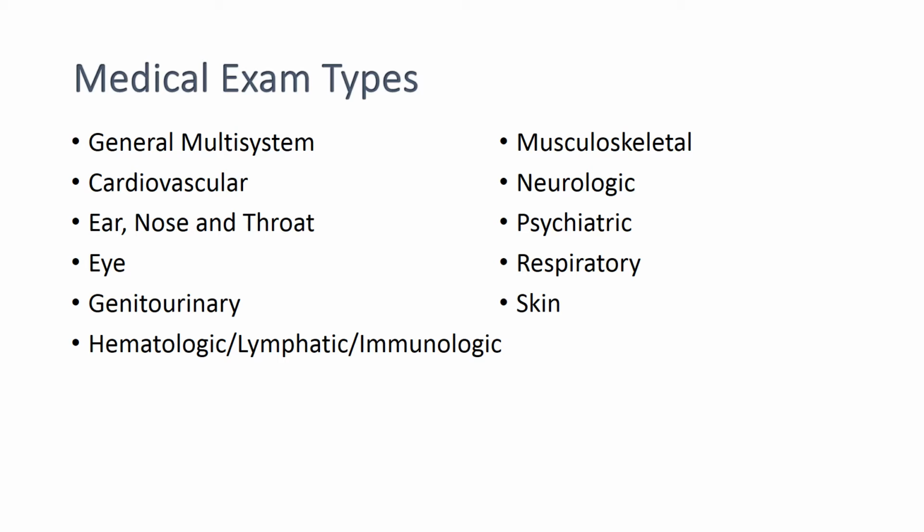These are very tailored to the needs of physicians that are primarily dealing with a narrowly focused evaluation of the patient. For many patients that a primary care provider would see, you'll be performing what's called a general multi-system examination, and that's the basic type of examination that we were taught to do as medical students and residents.